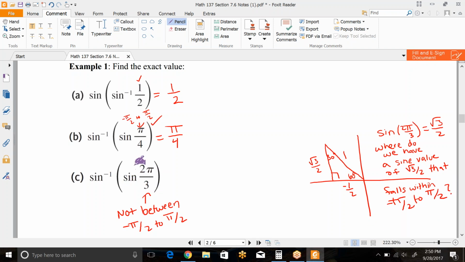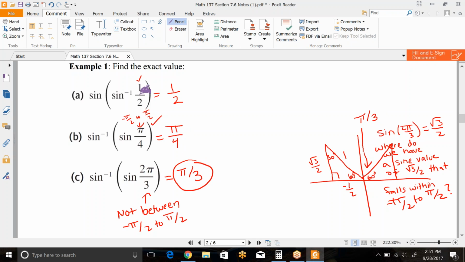If this doesn't fall in the correct region, we think about what that triangle looks like, what quadrant it's in, and we find the matching sine value that either would be in quad 1 or quad 2. For sine to be positive, we have to be in quad 1 because sine is, remember, the y value. So this would be a 60-degree angle, or another way of thinking of that, since we're in radians, is just π/3. So this one would be π/3 because that would put us in the correct quadrant for the inverse functions, which, remember, has to be quadrant 1 or 4.